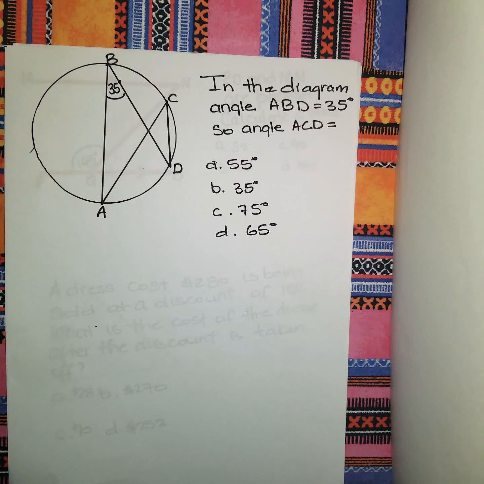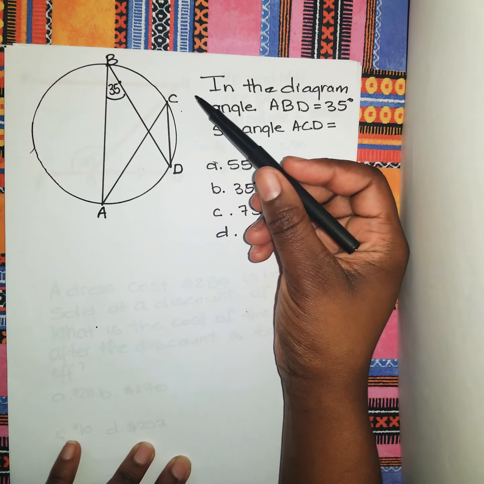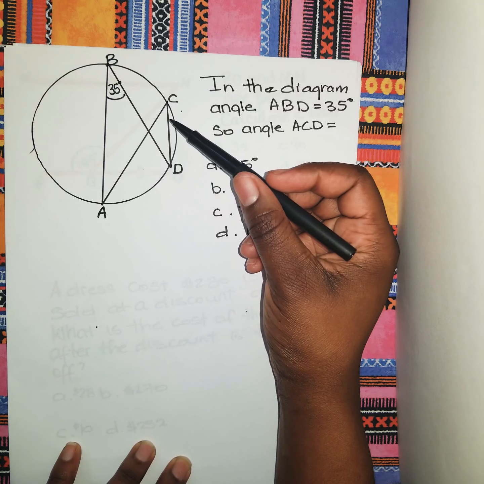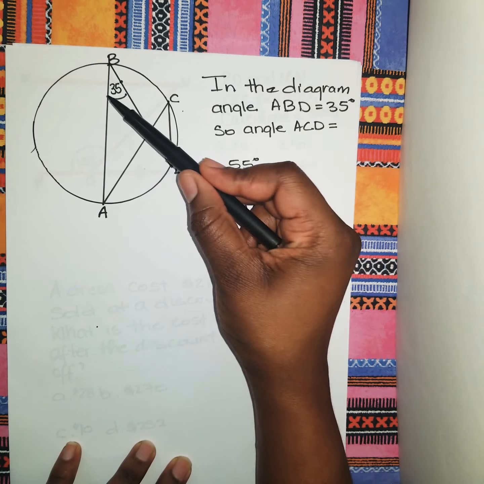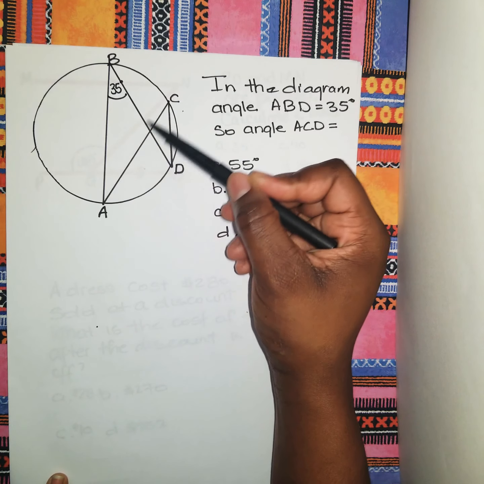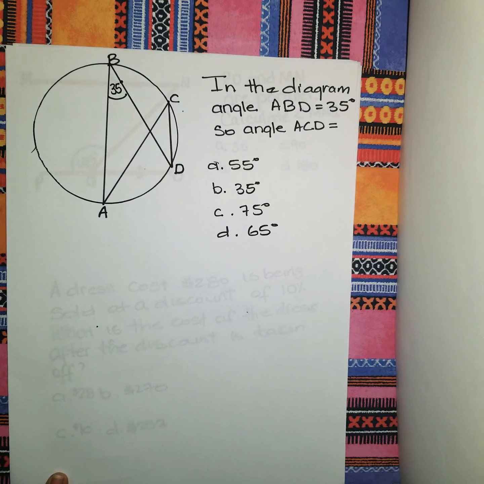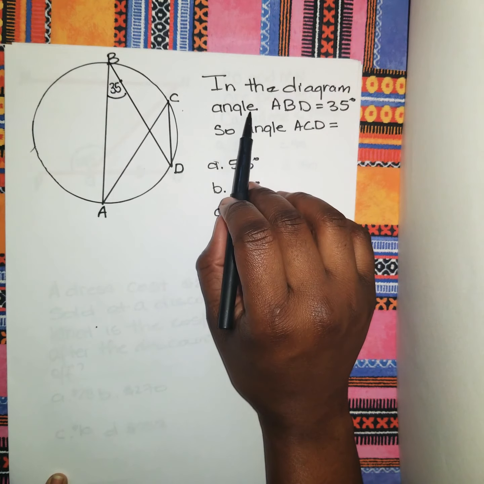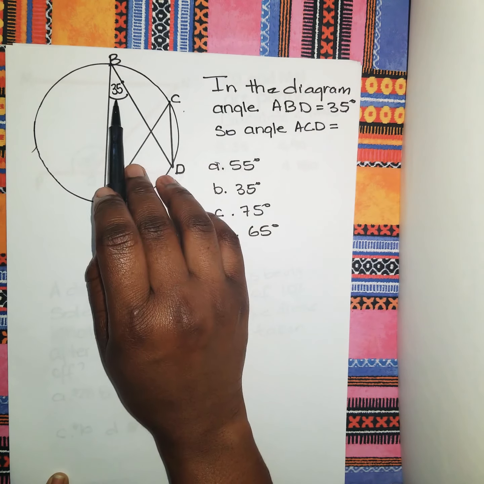So we have this diagram where we see that A, B, C, D are the 4 points on the circumference, where ABD is 35, and ACD is another angle, and a few others. But here they're asking us, in the diagram, angle ABD equals 35 degrees, which is right here.